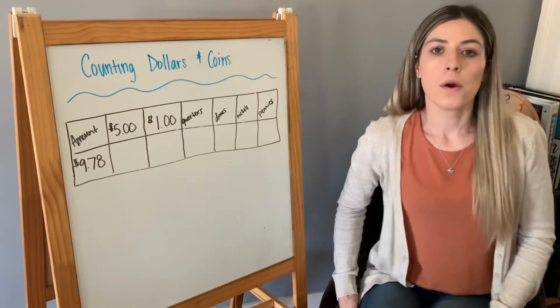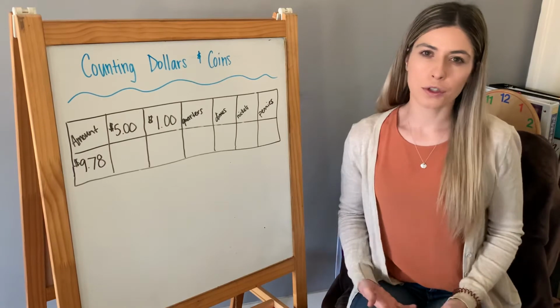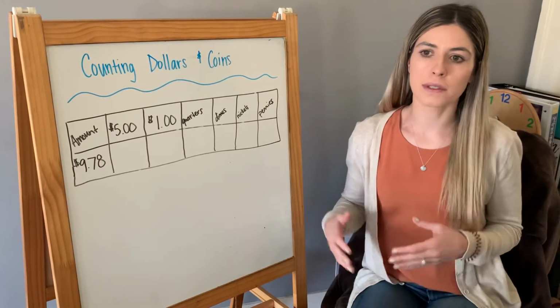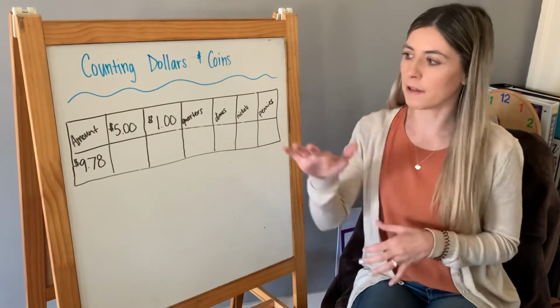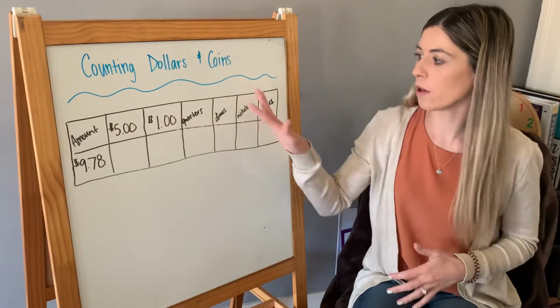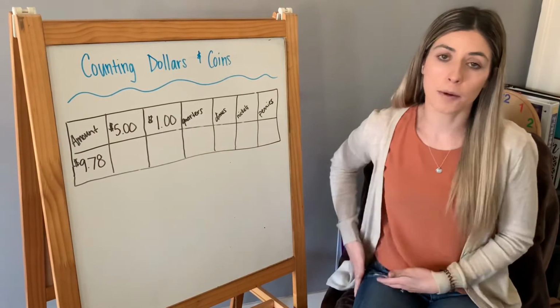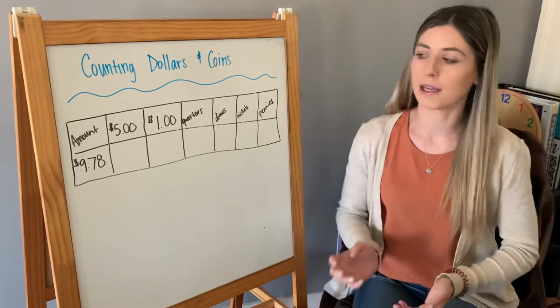So, when you're carrying money in your wallet or your pocket, you want to use the least amount, so the lowest number of each dollar or coin, so that, for example, in your pocket, you don't want all of this money weighing your pocket down, pulling your pants down.